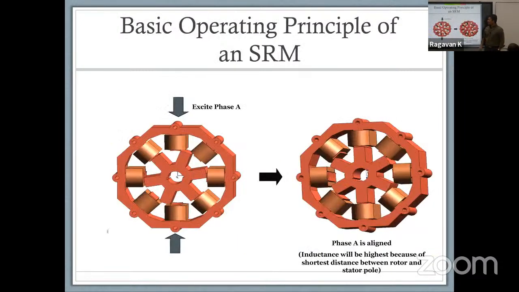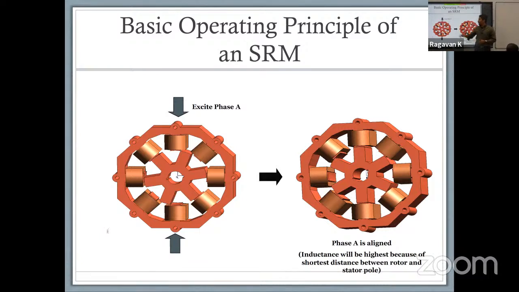If you energize, let's say you have a condition like this, the way you identify the phase you are going to energize is by identifying which one has the rotor closest to that position. You would energize phase A, because pole 1 is the closest to phase A.